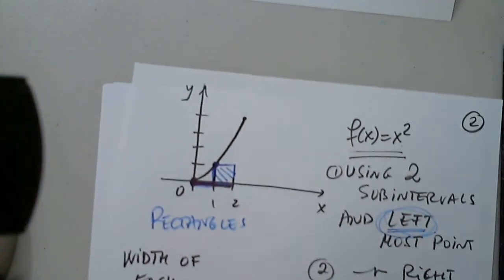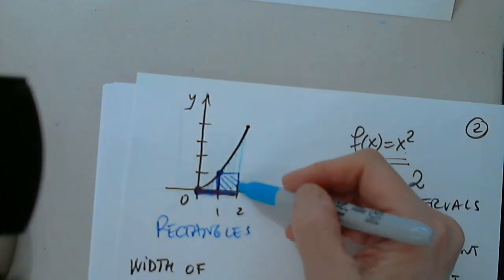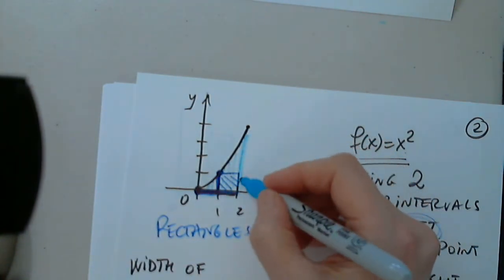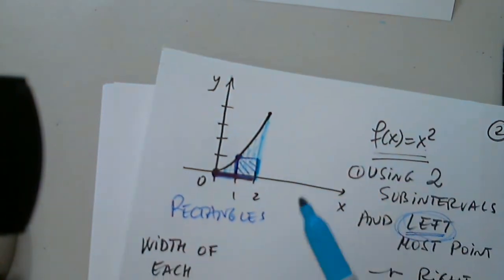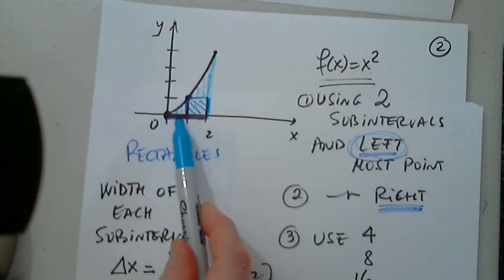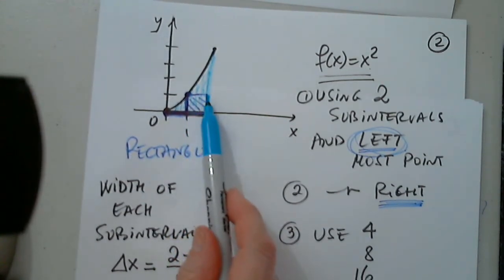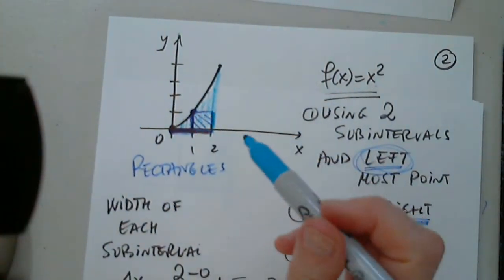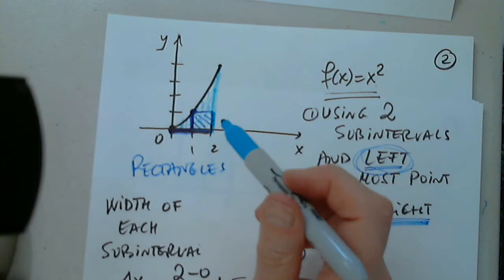Question here. Actually, the area is this, right? Of course, this should be till this point. So this is the entire area. But I only have this area, which is 0, and this area, which is 1 times 1. So my question is, is this an overestimation or an underestimation of the exact area?